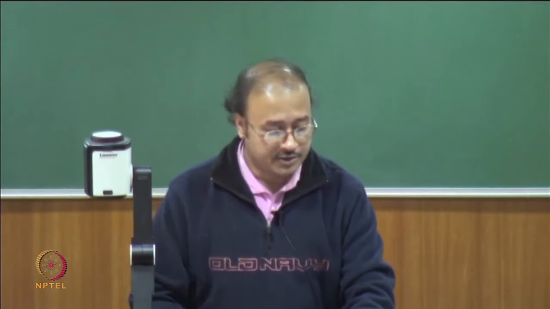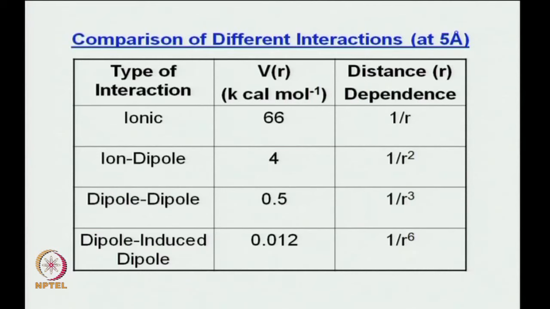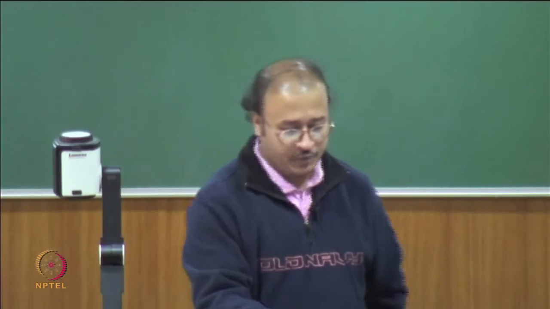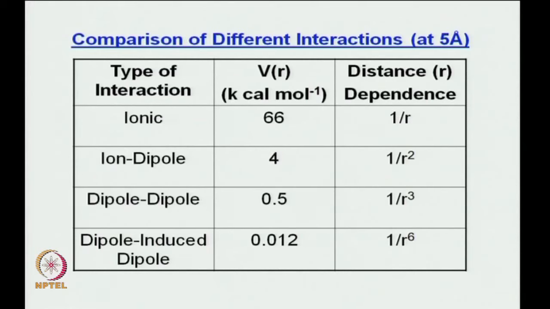Now, let us look at some comparisons. The question that comes to your mind is, sure, I have these different dependencies for these different interactions. How do the energies compare? So, this is a comparison of different interactions at a set distance of 5 angstroms. We have to keep the distance fixed. Say you are given a certain dipole moment mu. For ionic, V of r is this. For ion dipole, it is 4, dipole dipole 0.5, and dipole induced dipole, it is 0.012, and it makes sense.